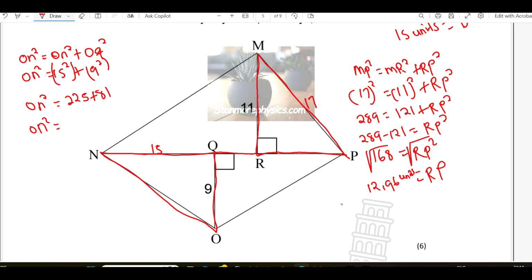ON squared is going to be 306, and then you square root it, then you can round off to 2 decimal places. It's 17.49.